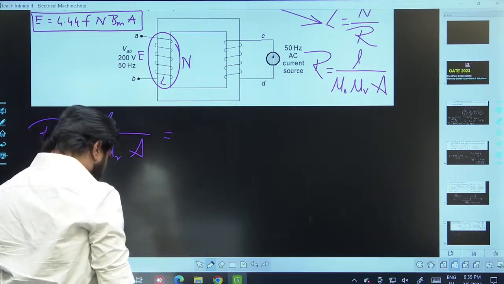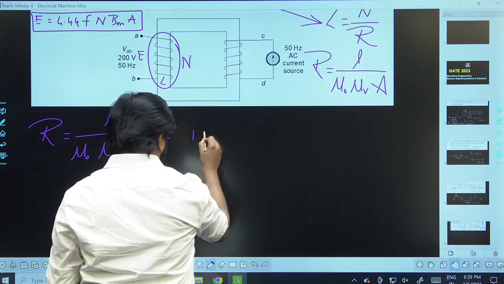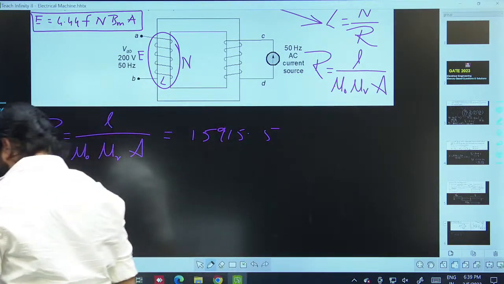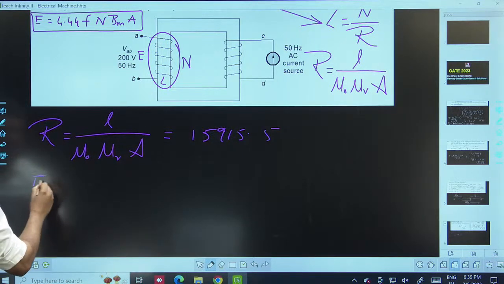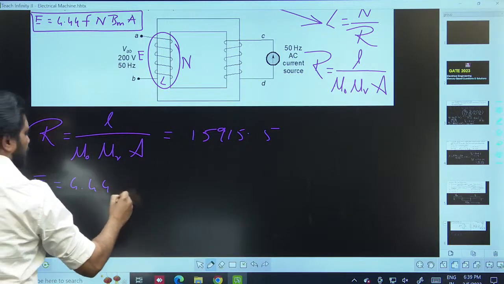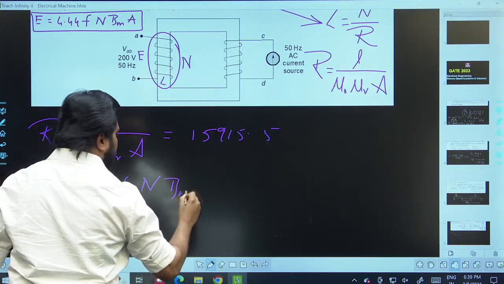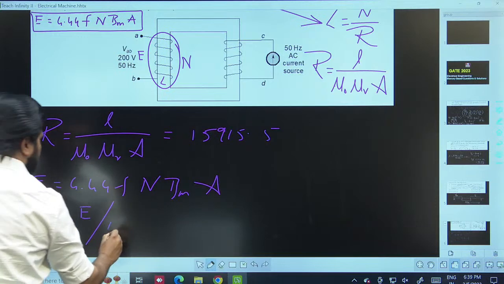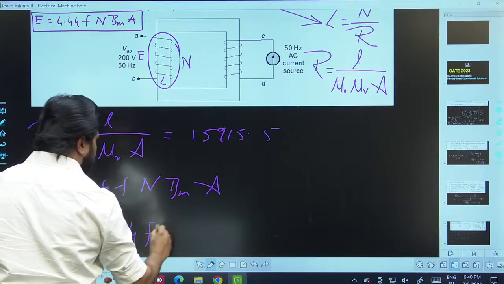If you substitute, you will get a number 15915.5. Next, from E is equal to 4.44 F n Bm A, you can write n is equal to E by 4.44 F Bm A.